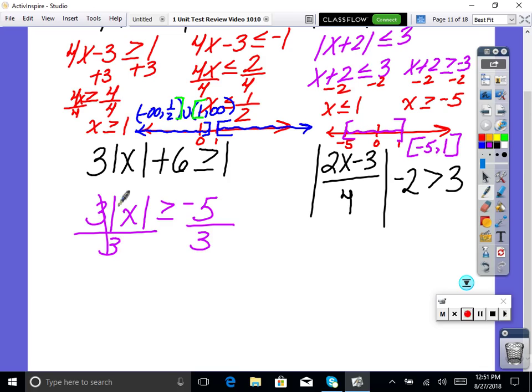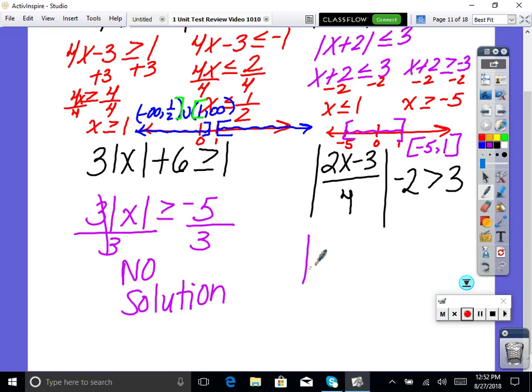We have the distance is a negative. We can't have negative distance. So in this one, people, if you go on and solve it, you're going to get it wrong because you can't solve a negative distance. So this one has no solution. That always is the case. If you have the absolute value equals a negative or absolute value is greater than or less than a negative, it's no solution.